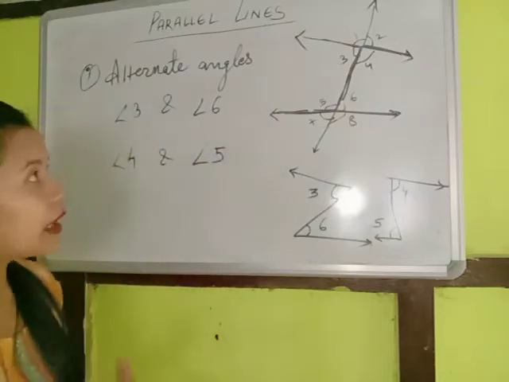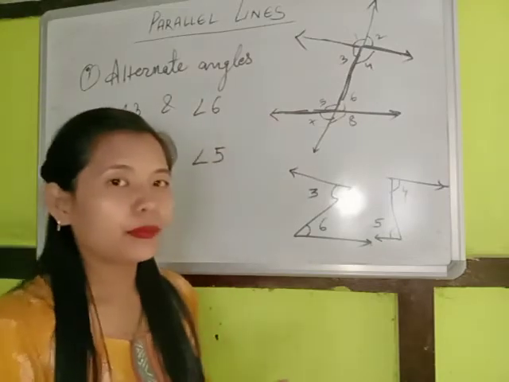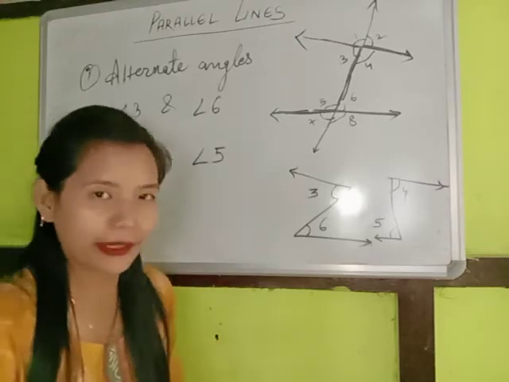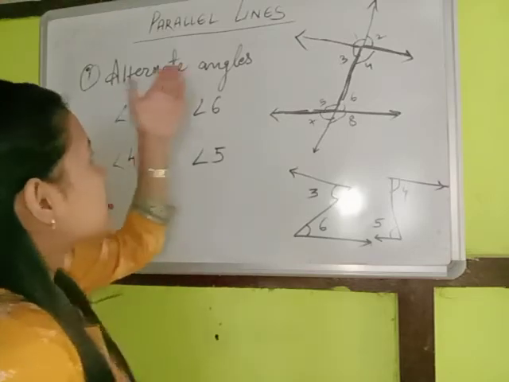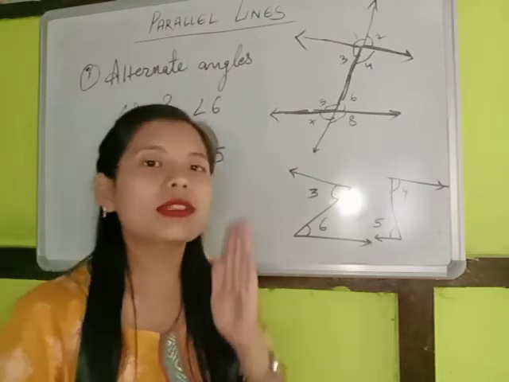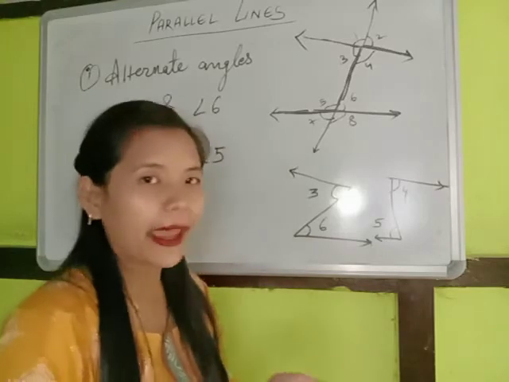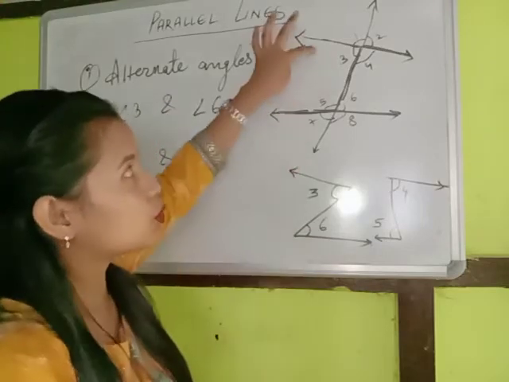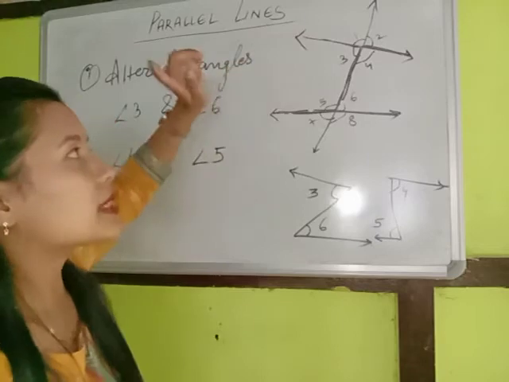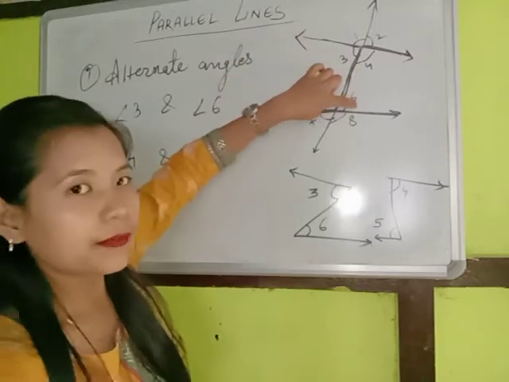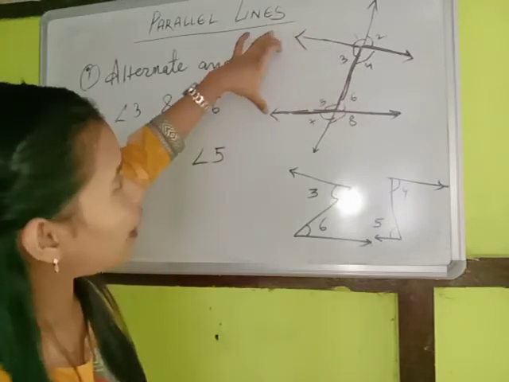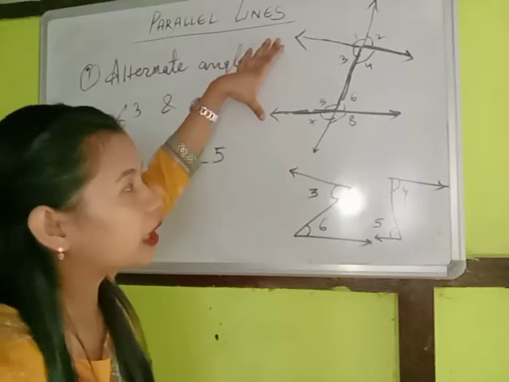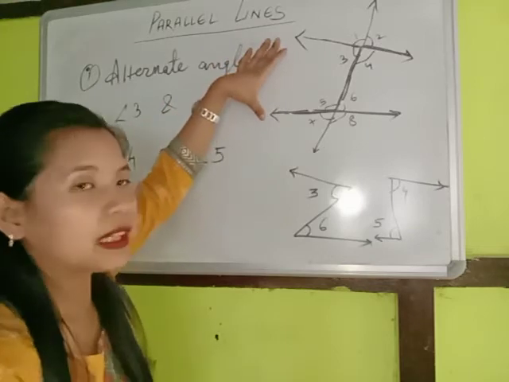Children, I repeat again how to recognize the alternate angles. You need to just consider the interior angles, the angles that lie inside the two line segments. Those angles are 3, 4, 5 and 6. Out of these angles you need to recognize where the alphabet Z is formed.